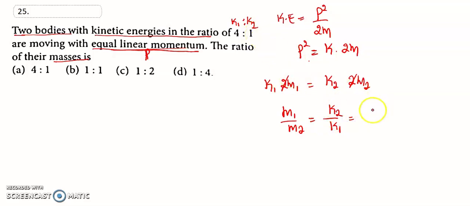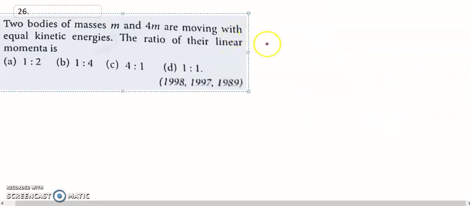K2 is how much? 1. K1 is how much? 4. The answer is 1:4. So the ratio of their masses is 1:4. That is option D, the right answer for the 25th question. So let's move to the 26th question. So the 26th question.